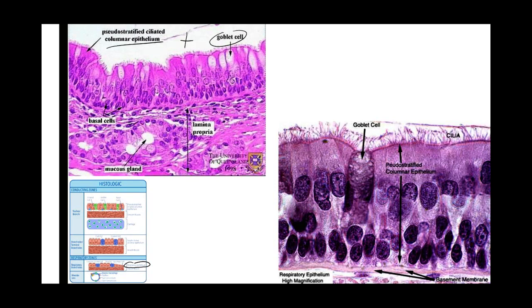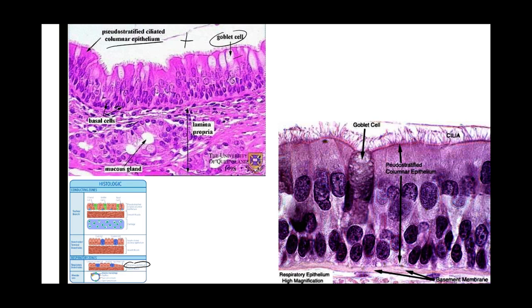But these are just good histology pictures. I'm sure you guys can identify a goblet cell, the cilia, basal cells. Basal cells are kind of like the regenerative layer. And in pathologies, especially chronic bronchitis, when there's smoke irritation, you see goblet cell hyperplasia and basal cell hyperplasia.